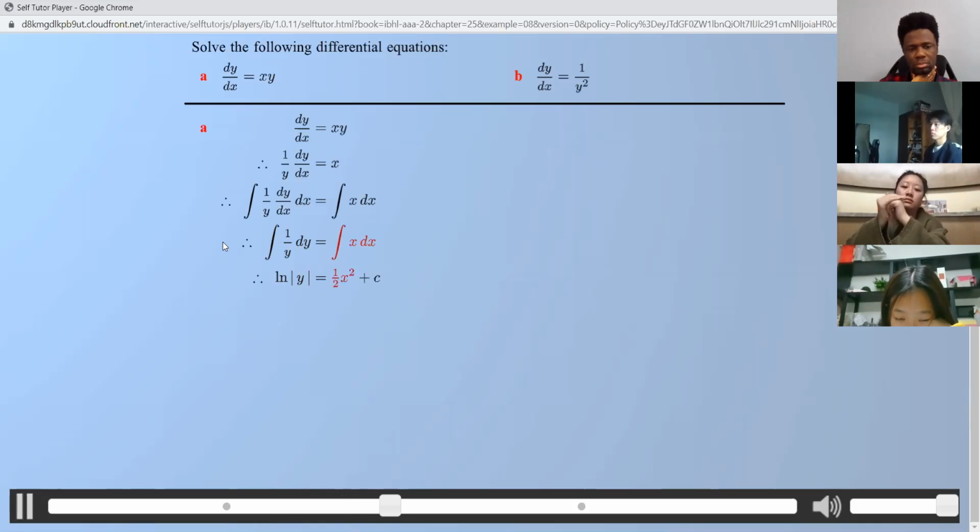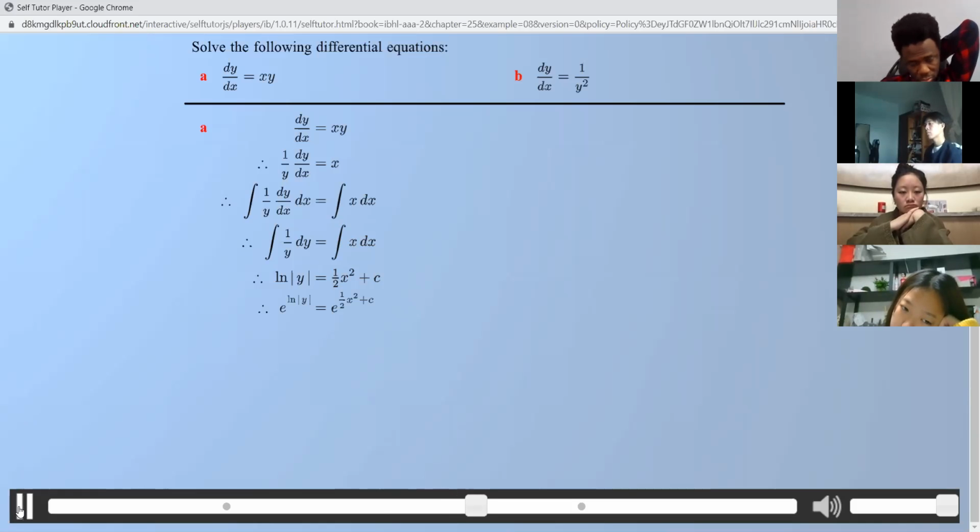On the right-hand side, the antiderivative of x with respect to x is a half x squared. We only need to add a constant of integration on one side. If possible, it is good to write the solution with y as the subject. Since the exponential function is 1 to 1, e to the left-hand side must equal e to the right-hand side. So, y is plus or minus the expression on the right-hand side.